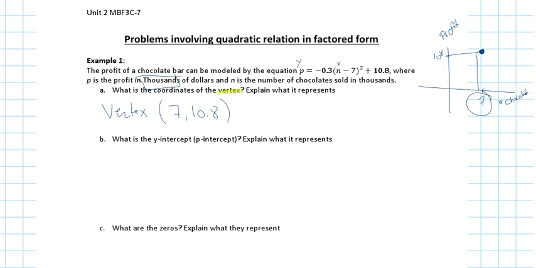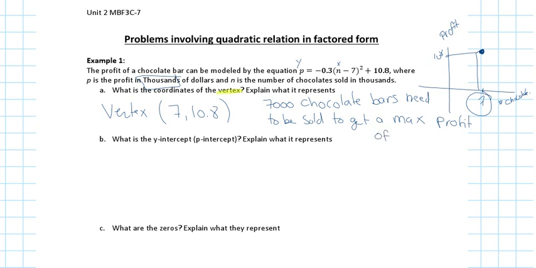So 7,000 chocolate bars need to be sold to get a maximum profit of $10,800.